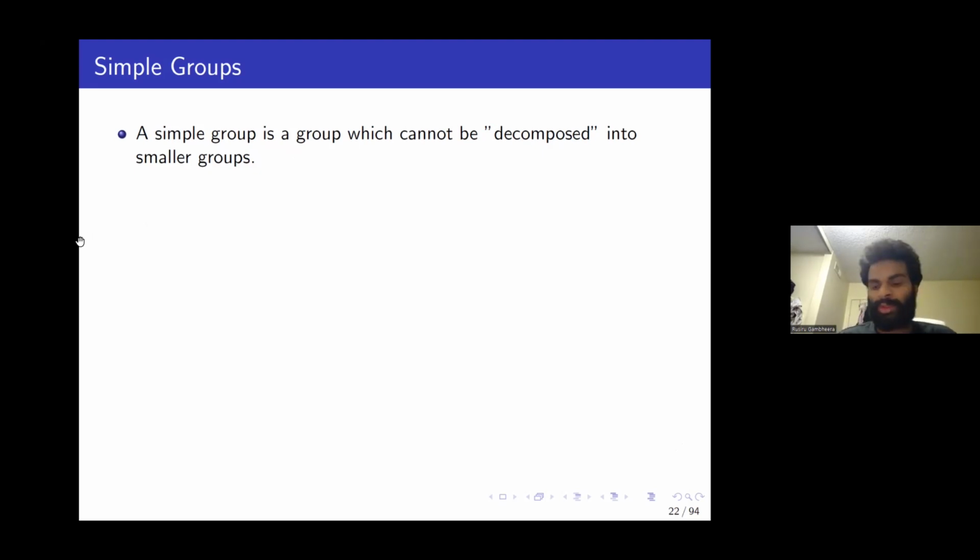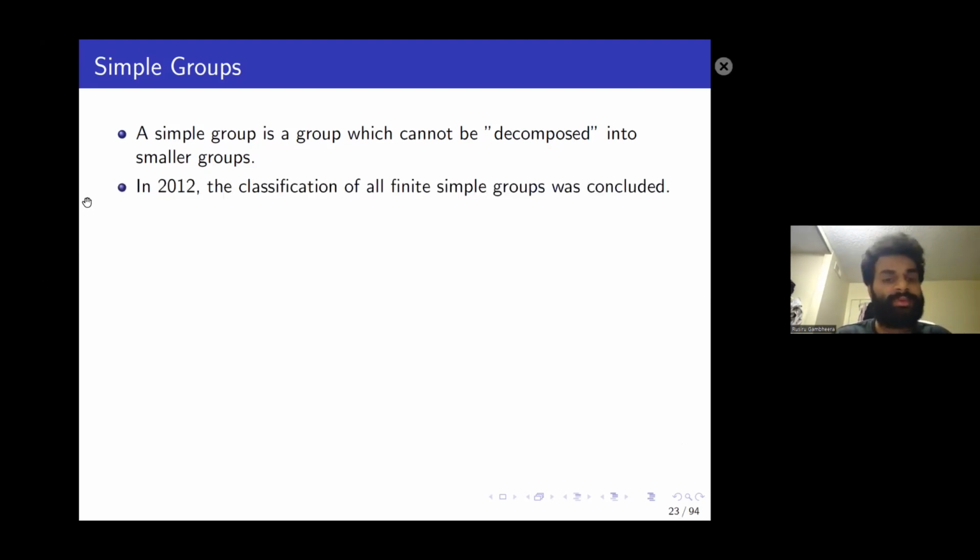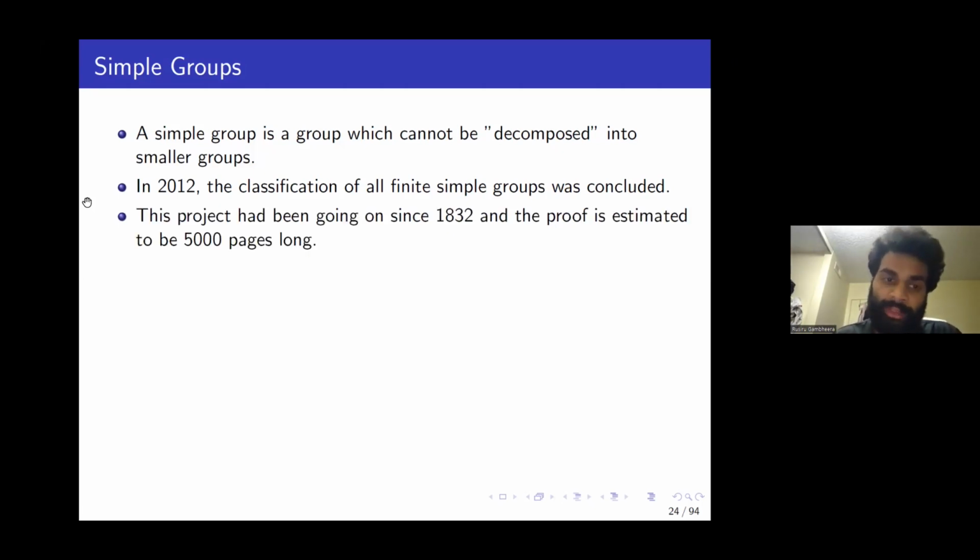This has fascinated mathematicians for a long time, actually since they started defining the group itself. All the finite simple groups were classified very recently in 2012. This started in 1833, soon after Evariste Galois defined what a group is, and the proof is estimated to be 5,000 pages long.